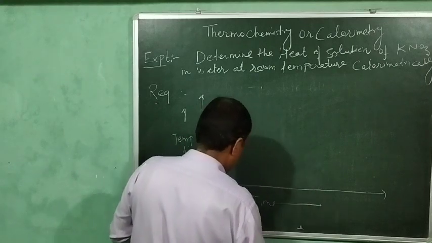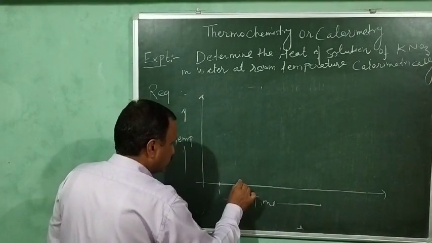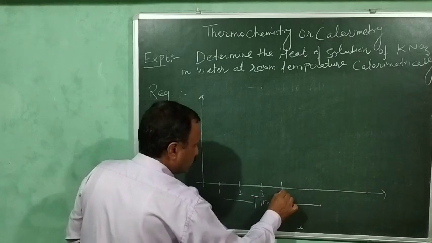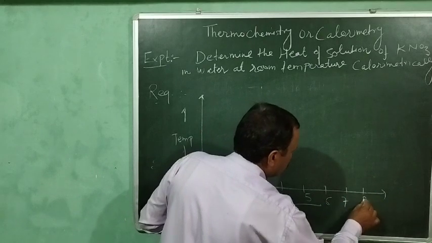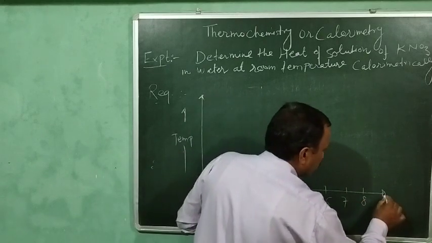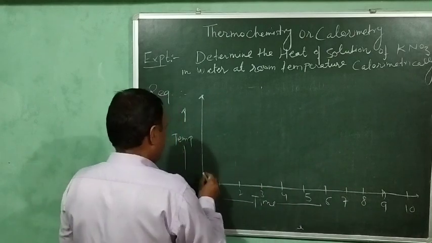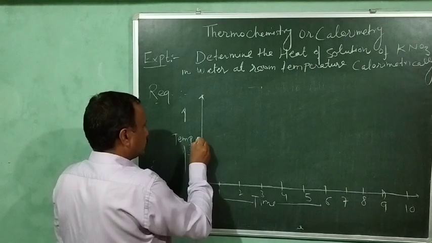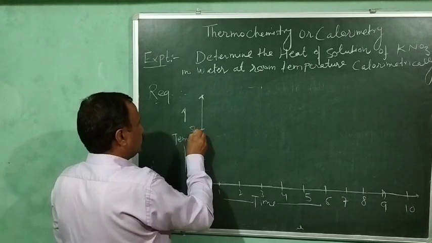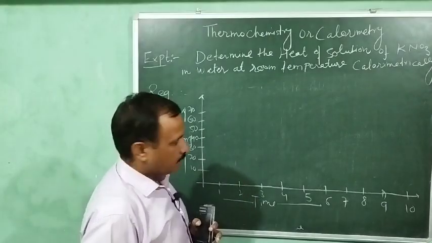Okay, so here we have 1 minute, then 2 minutes, 3, 4, 7, 8, 9 and 10. Okay, and here we have temperature, this is your 10, 20, 30, okay, like this in degree Celsius, and time is in minutes.